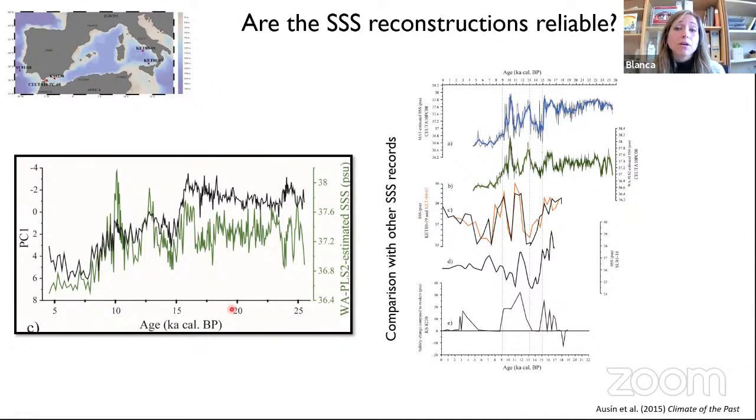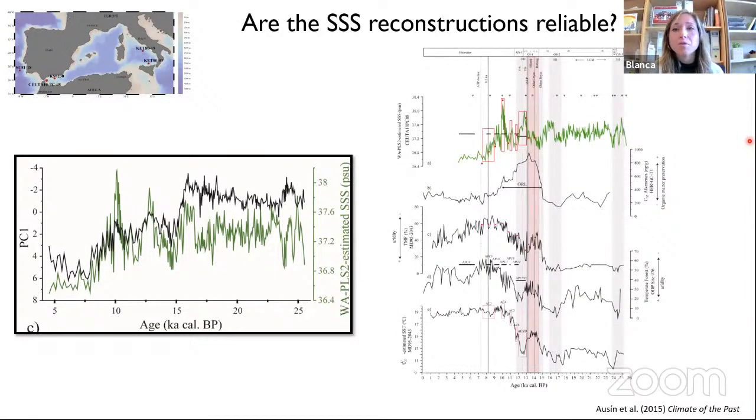We also compared our reconstructions with previous records. There is some difference in resolution in our records compared to previous salinity reconstructions. In general, we see that it can be used in paleoceanographic interpretations, right?